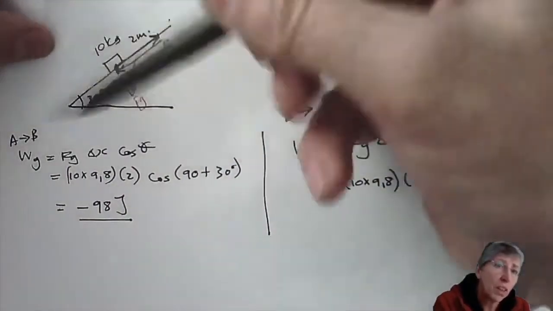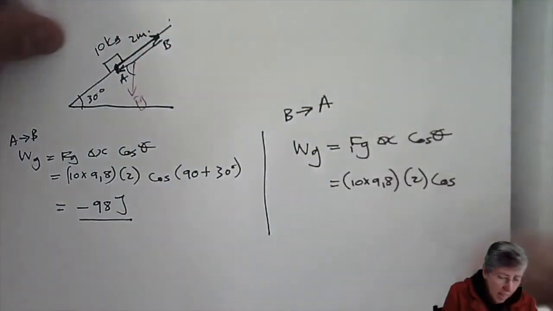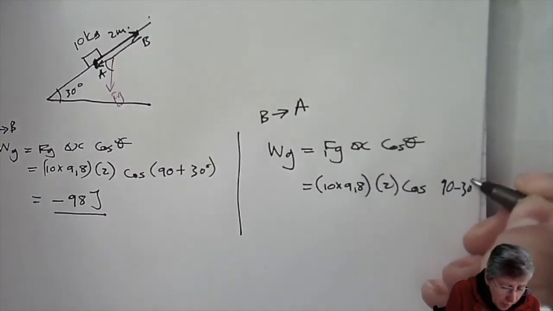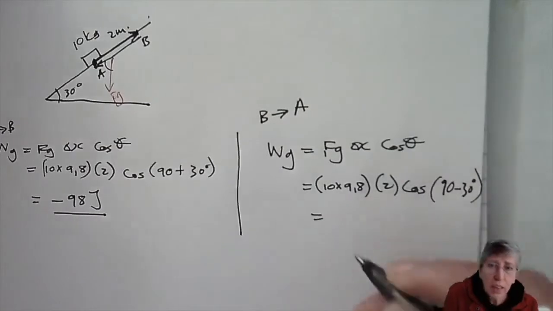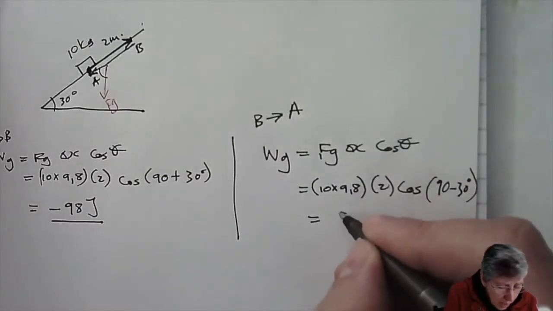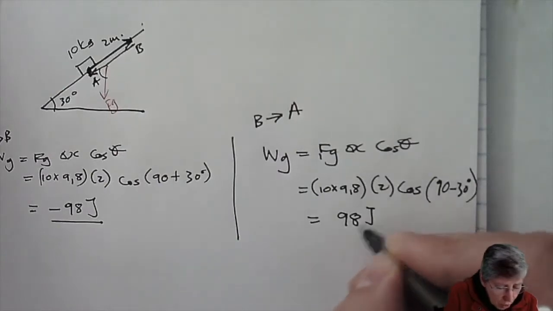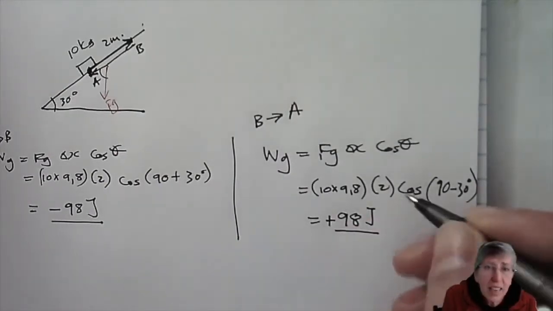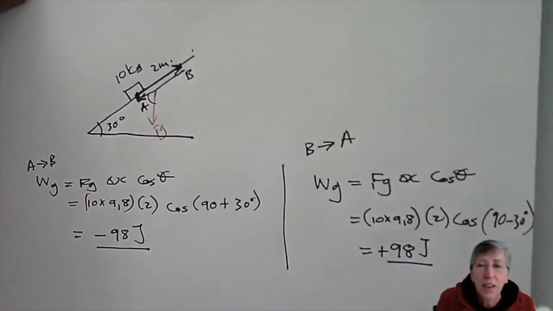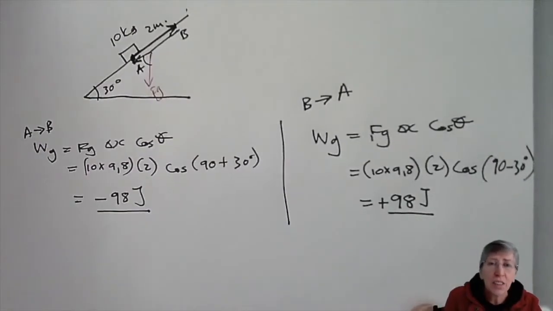That was 90 minus 30. So you're actually working there with an angle of 60. And when you do that, you end up with 98 joule. And now it's a positive. Does that make sense? Yes, because gravity is helping this movement. It is going to give it movement energy, right?